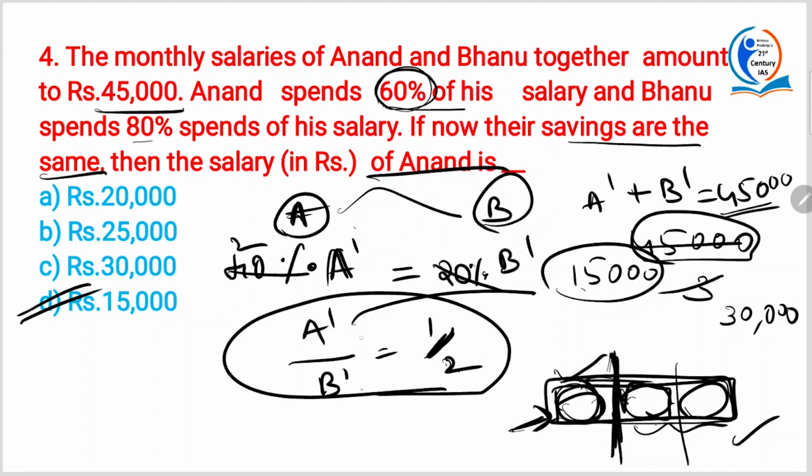If you solve ratio problems by taking the number of parts, dividing the cake into 3 equal parts, one part A is eating and the other 2 parts B is eating. Similarly, this 45,000 is a cake, and you divide it into 3 equal parts. So one part will go to A, that is 15,000. That is what they are asking.